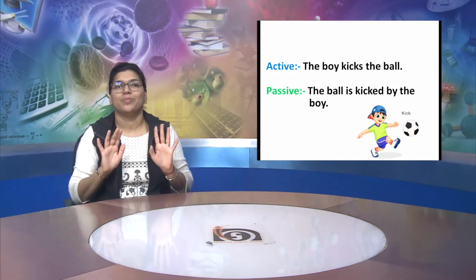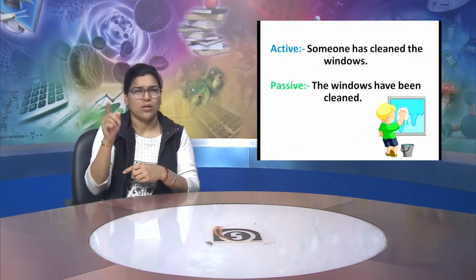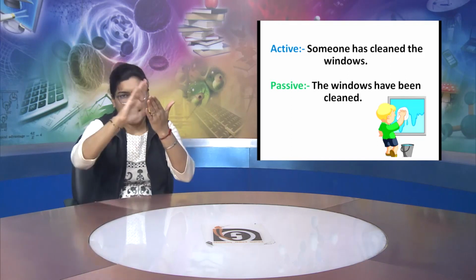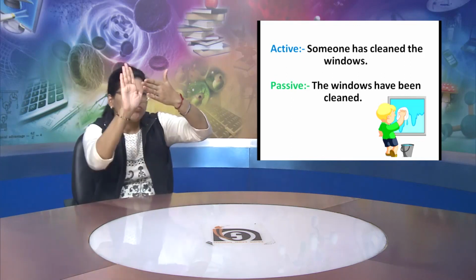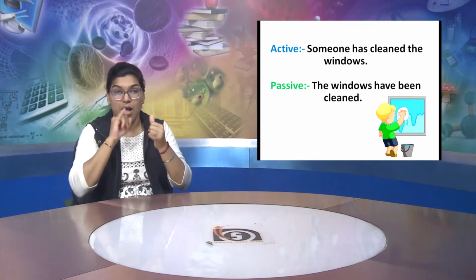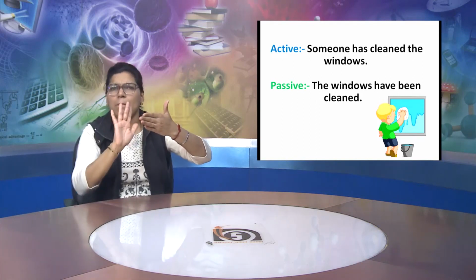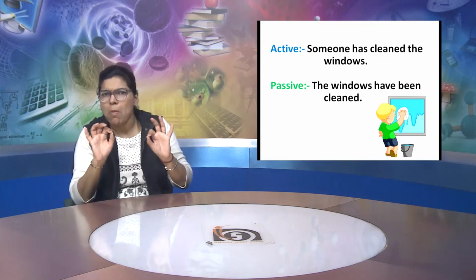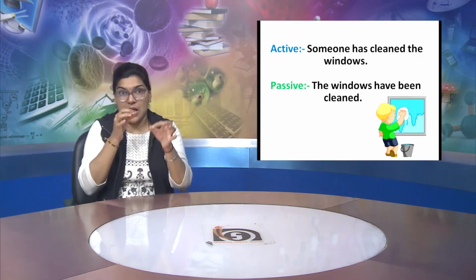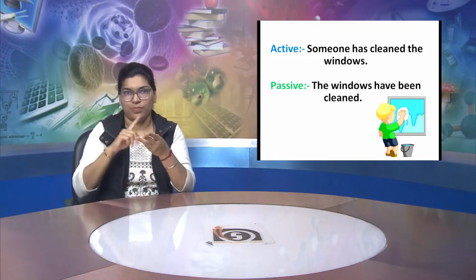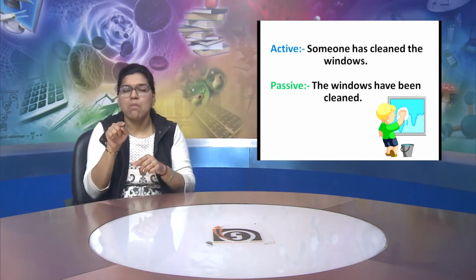Next sentence. In active voice, someone has cleaned the windows. In passive voice, the windows have been cleaned. As you can see, by was not in that sentence. The active sentence, someone has cleaned the windows, doesn't define a boy or a girl.